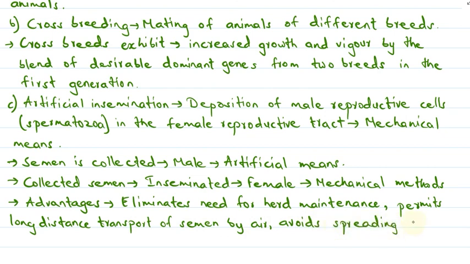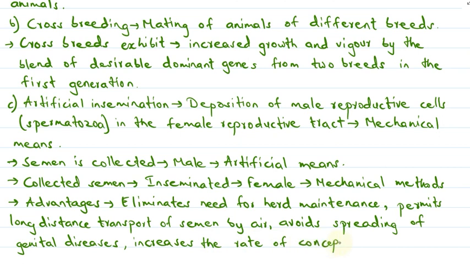It avoids the spreading of genital diseases and increases the rate of conception. Also it increases, what does it increase? It increases the rate of conception. Alright, so these are some of the advantages of artificial insemination.